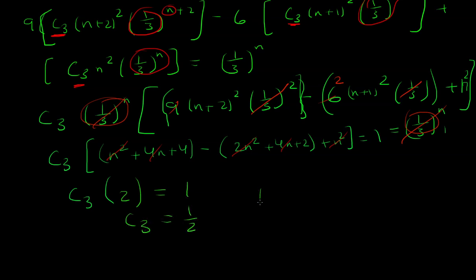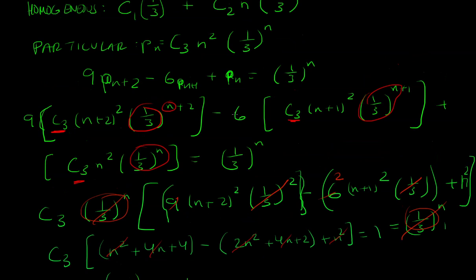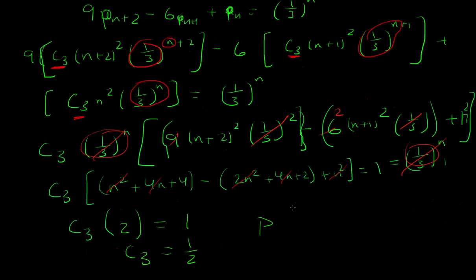So the particular solution, P_n, was C3 n² (1/3)^n, but remember C3 is a half, so that's (1/2) n² (1/3)^n. So this is the particular solution.